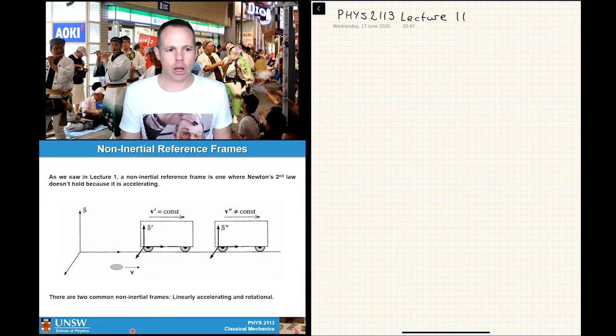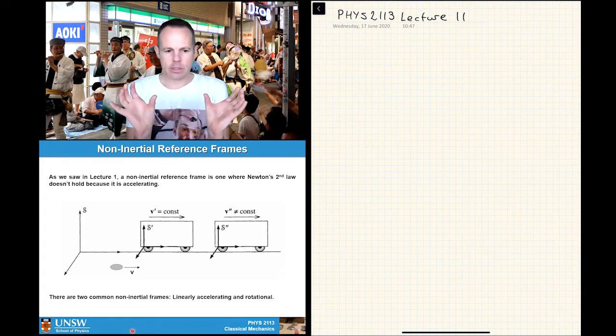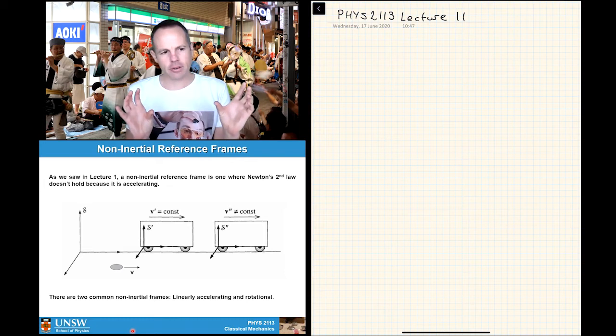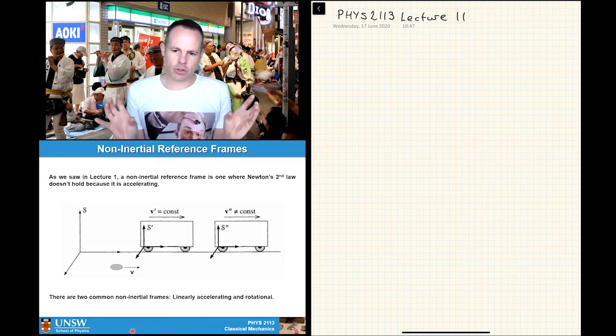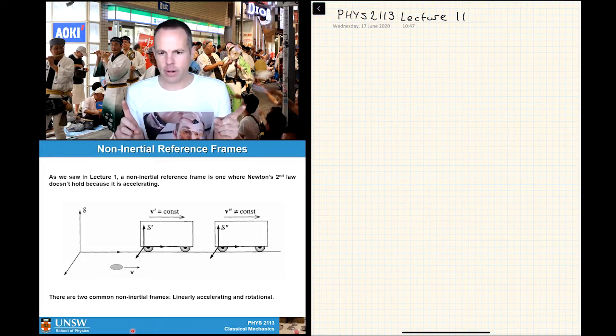So what I'm going to do in the first half is just deal with linearly accelerating frames, and what I'm going to do is look at essentially an inertial reference frame. And the funny thing with Taylor's book is that in the first chapter he gives S, S dash, S double dash, and then later on when he deals with inertial frames he starts to refer to S and S naught. So I'm going to switch over here to S naught being the inertial frame and S being the non-inertial frame.